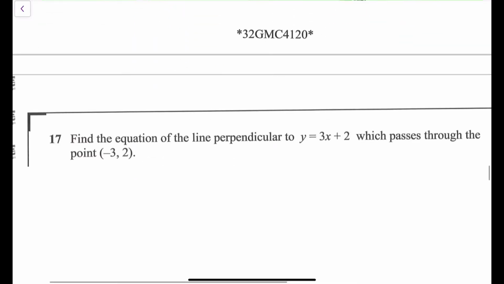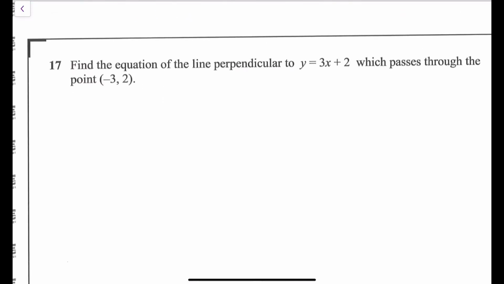Next question says, find the equation of the line perpendicular to y is equal to 3x plus 2, which passes through the point minus 3, 2. So my original line had a gradient of 3. Where that comes from is just the number in front of your x. Remember, y equals mx plus c, where m is the gradient and c is what's called the intercept.